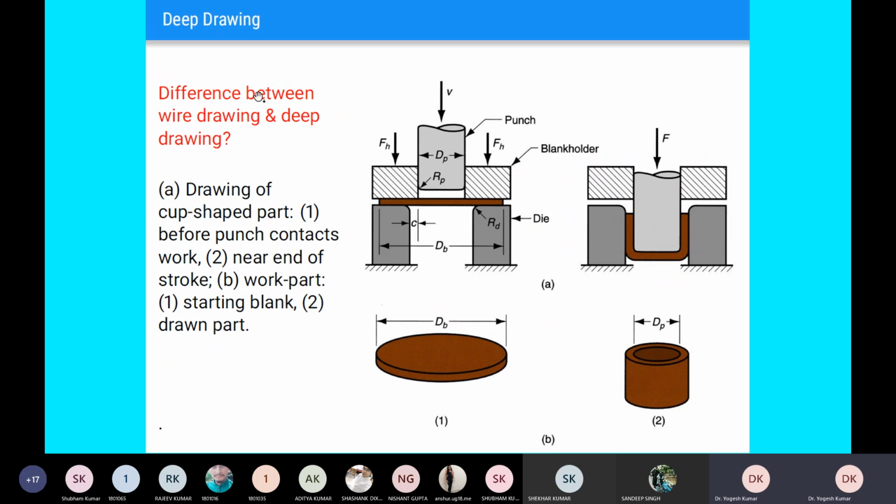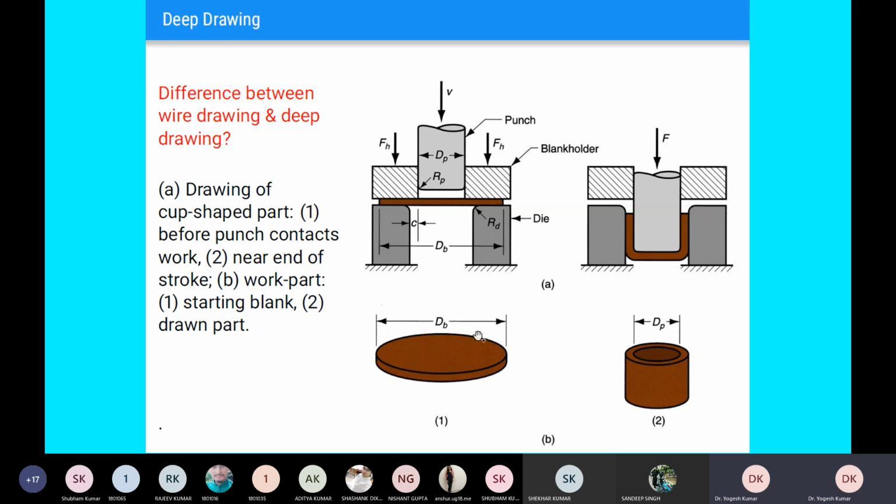Okay, so under wire drawing or tube drawing, as we remember, we have an initial workpiece which is itself in the form of wire or tube. But in the case of deep drawing, the initial blank is a flat blank. It may be circular or rectangular depending upon our requirement.